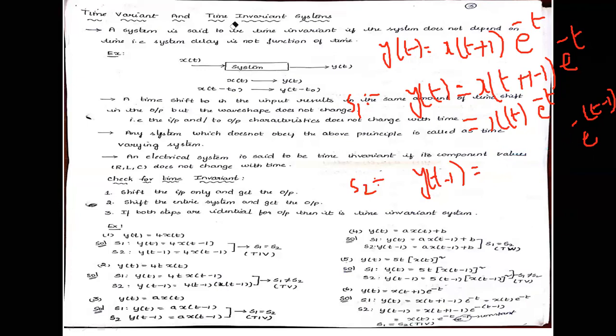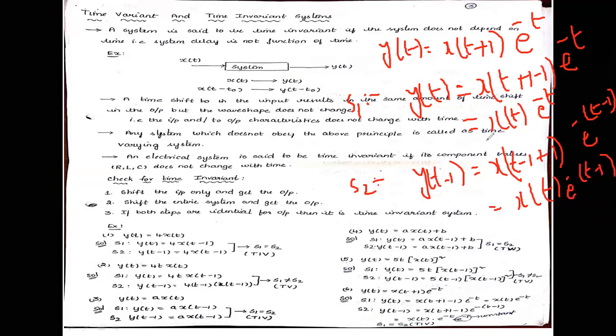Otherwise, you can see if any confusion occurs here. The t is there, x of t plus 1. I'm changing only the t as t plus 1, t as t minus 1, plus 1, which is equal to x of t e power minus of t minus 1.